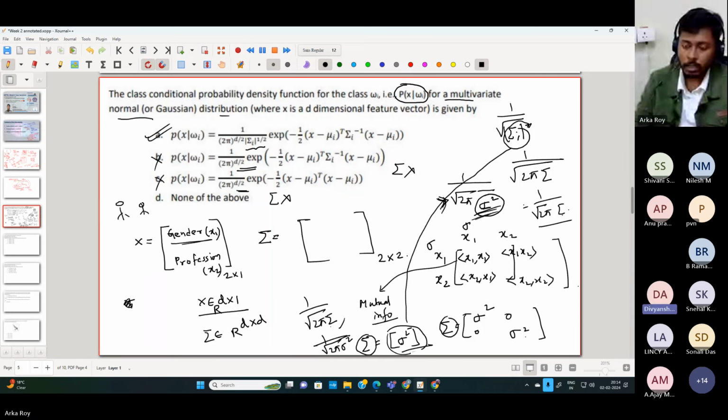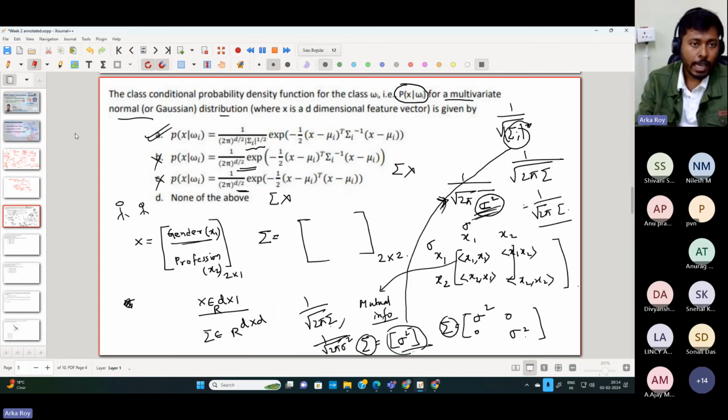Is it? What I'm saying is it should be 2 pi sigma square. The only difference is that rather than univariate, now it's multivariate, right? But that square should still remain there, right?